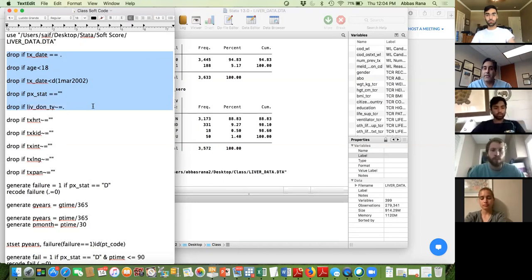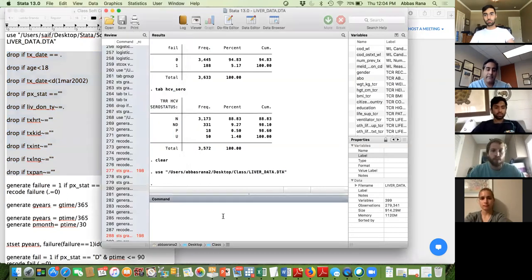We want to drop if there's live donation, because there's two types of transplants. There's brain dead donors or cadaveric donors and live donors, and they're apples and oranges. So for the sake of making the population homogeneous, we want to focus on just cadaverics, and we're going to remove all of the combined transplants. So we'll go ahead and cut and paste that.